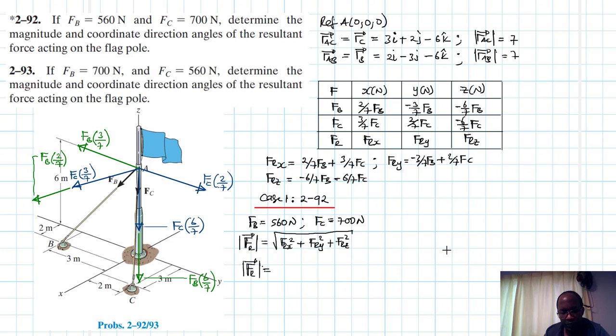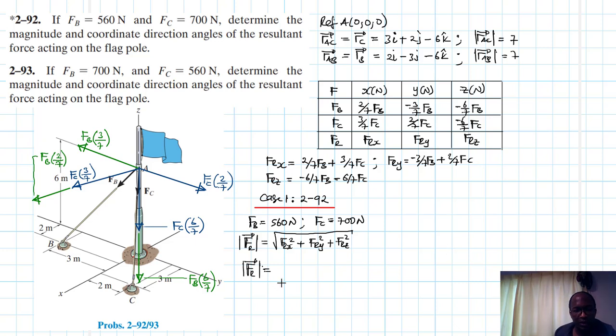Okay, and then we have minus 3 divided by 7 times FB, which is 560, plus 2 divided by 7 times 700, squared, plus negative 6 divided by 7 times 560 minus 6 divided by 7 times 700, squared.